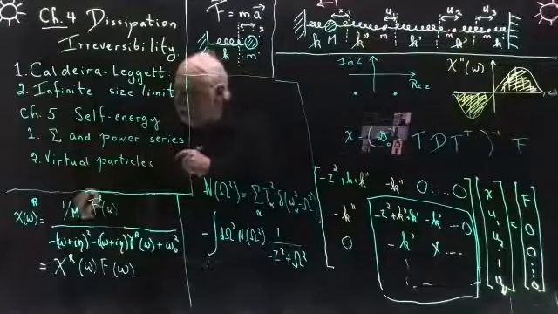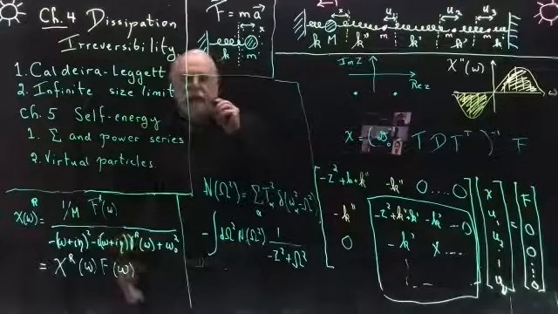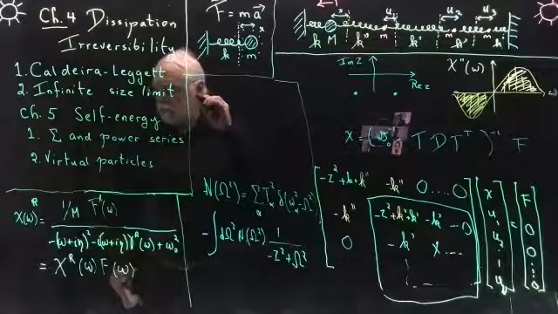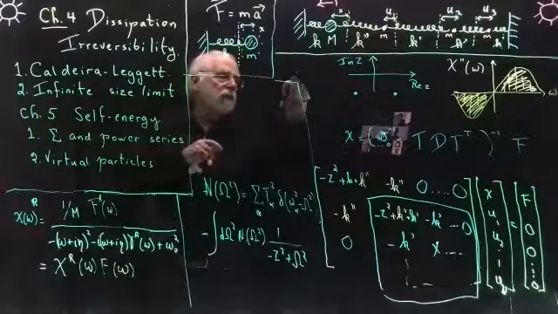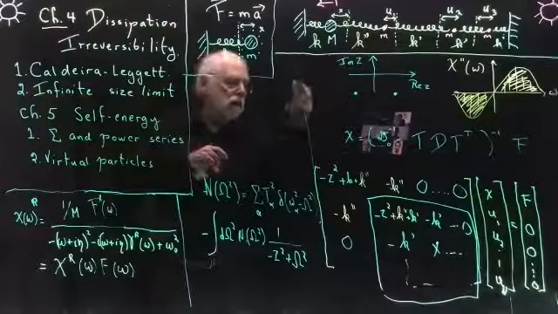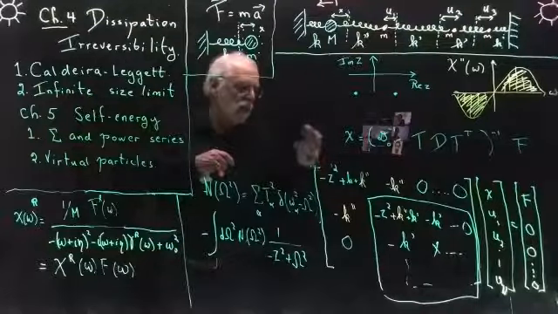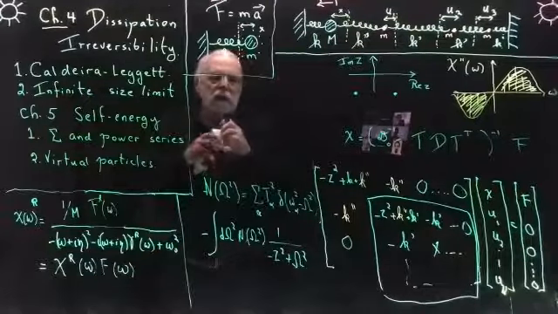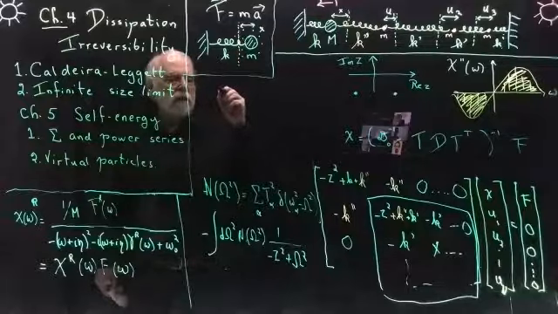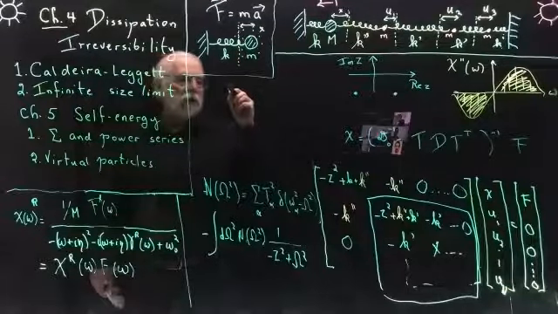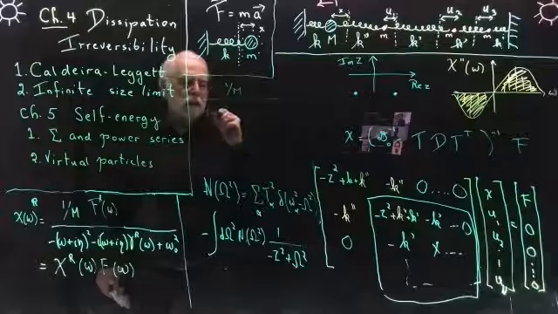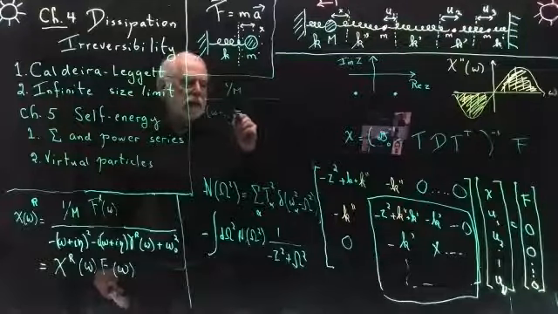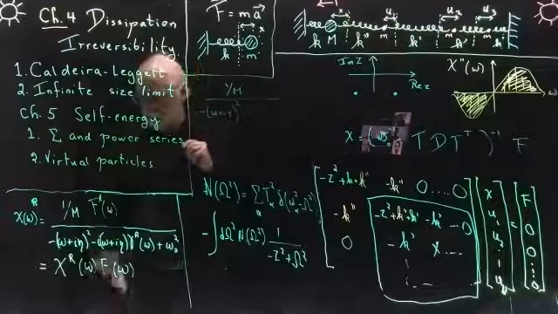Let's start with this object that I will rewrite as this: one over m times minus omega plus I eta squared.